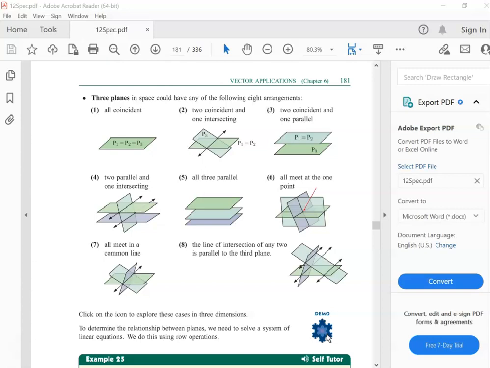We will be able to tell when they're coincident. Why? How could I look at the equation of 3 planes and know that they could be coincident? Multiples of each other, all have the same normal, the A, the B, the C.